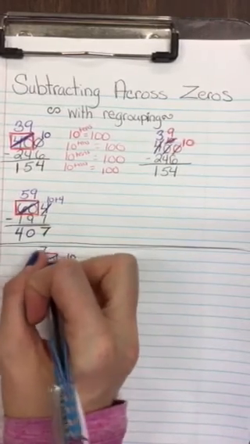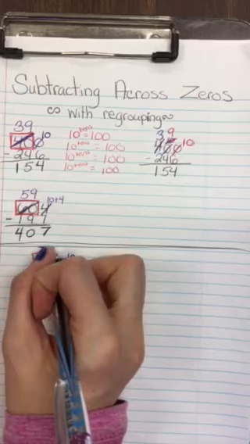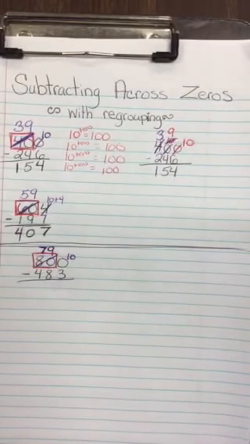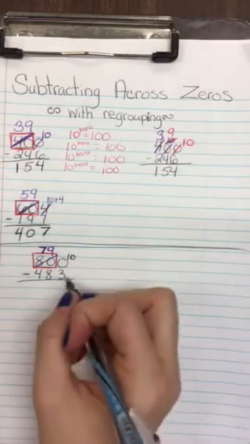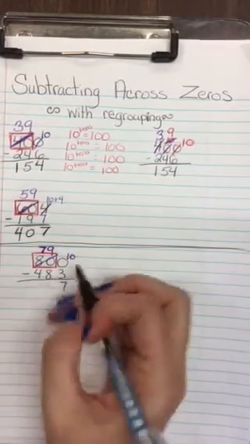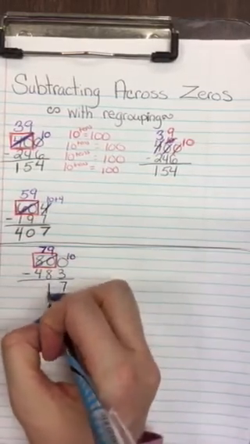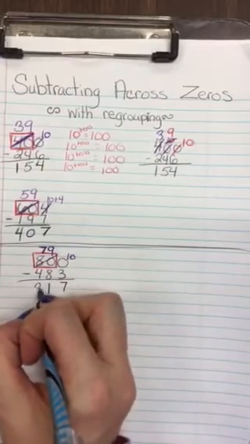That leaves me with 79 tens. And then I can just subtract. 10 minus 3 is 7. 9 minus 8 is 1. And 7 minus 4 is 3.